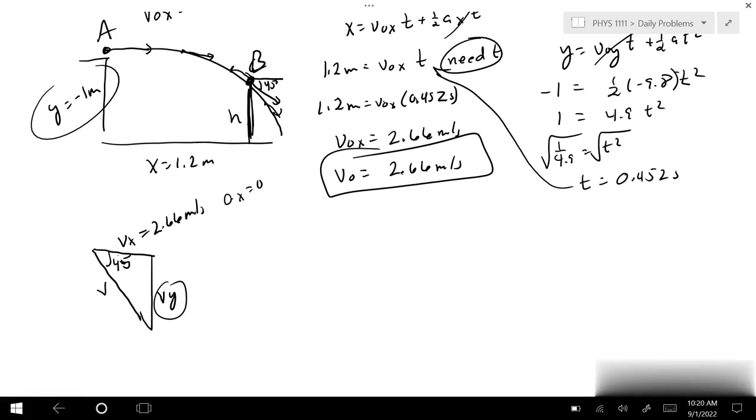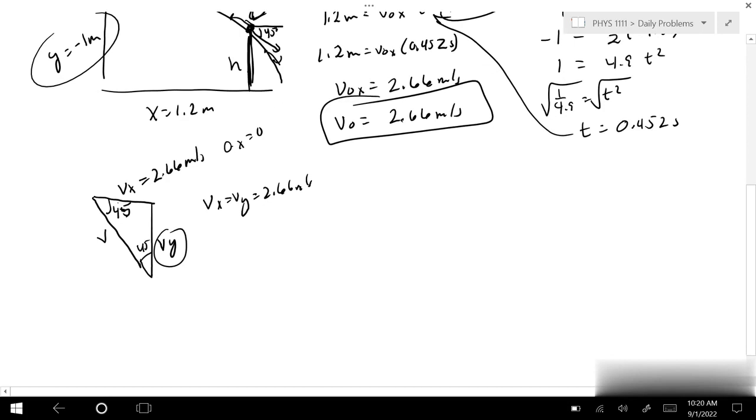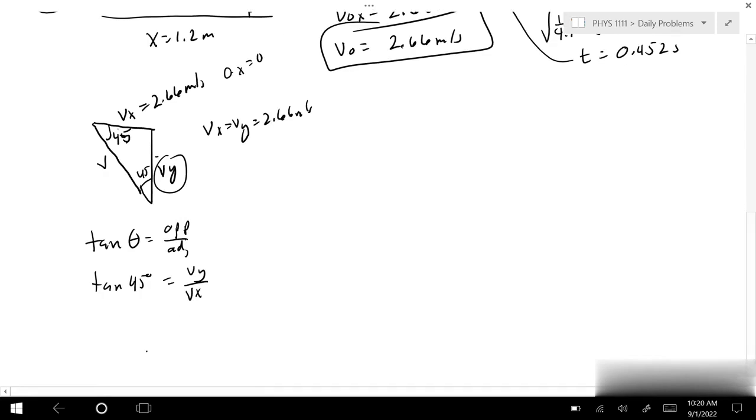So I need to find that Vy. There are two ways of doing it. One, if you know that this is 45 degrees and this is 45 degrees, you know your two legs are equal, so Vx is equal to Vy, which equals 2.66 meters per second. But let's say that you don't realize or understand that trig there. You have this triangle, and I have the two legs. So tangent of theta is equal to opposite over adjacent. So tangent of 45 degrees, whatever angle you have, is equal to Vy over Vx, or Vy over 2.66.